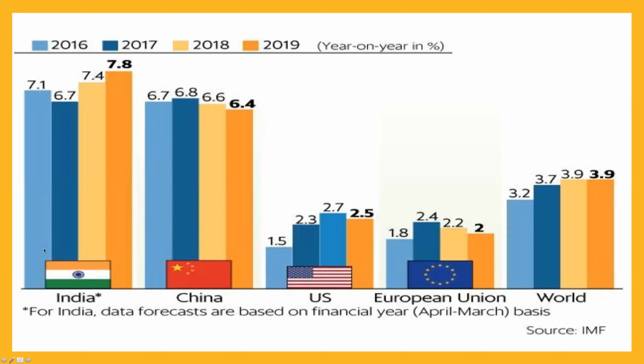So we look at global GDP, we look at India, and we look at China. Here's the US, here's the European Union, here's the world collectively. Australia has done well, New Zealand has done well. Our former president freaked out when he saw this and said, why are we here and India and China are here? And that was part of his impetus for starting a trade war with China.